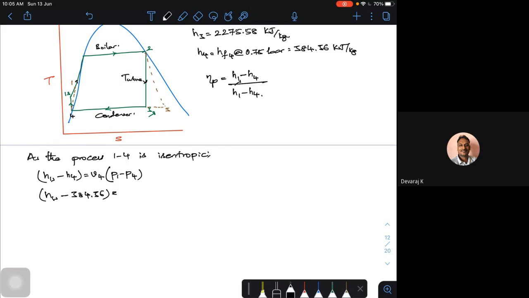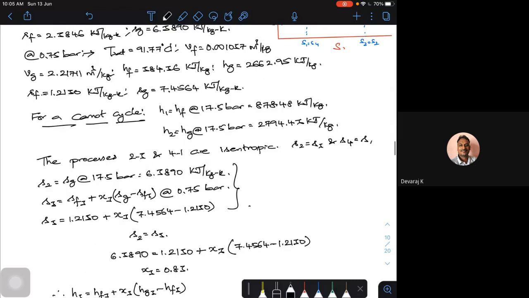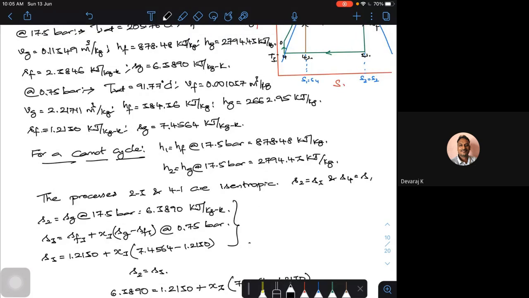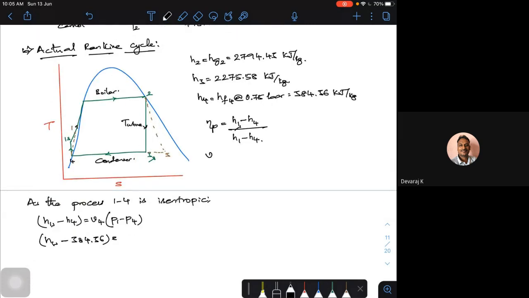For V4, I have to go to the point at 0.75 bar, so I take VF, that is 0.001037 meter cube per kg.